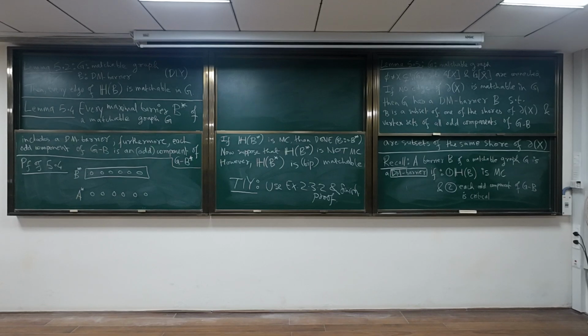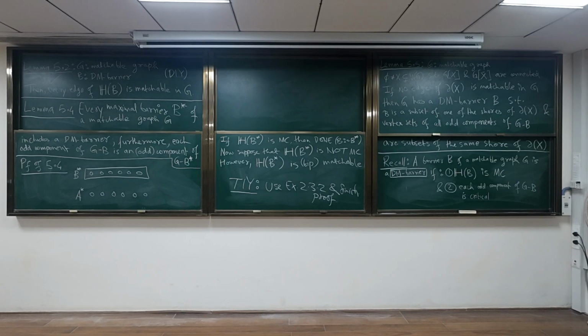Remember the second condition was each odd component of G minus B is an odd component of G minus B star. So how did you choose this set?